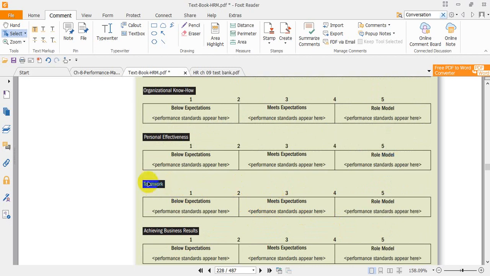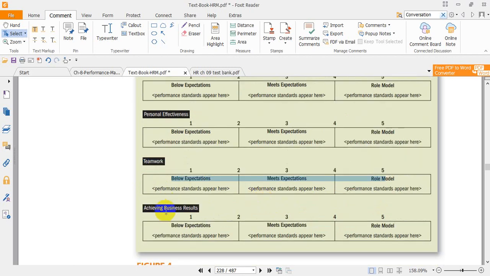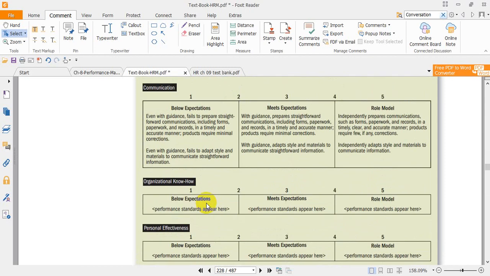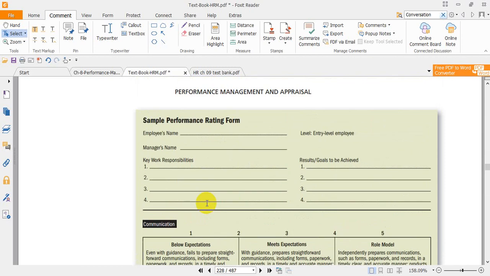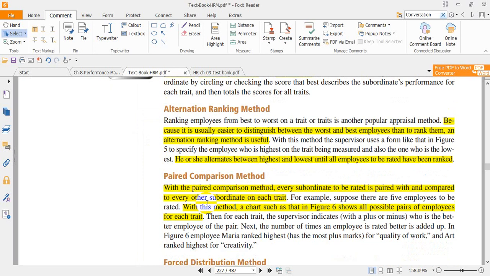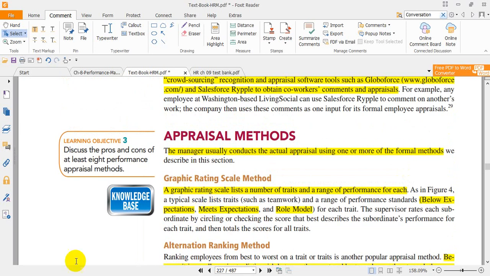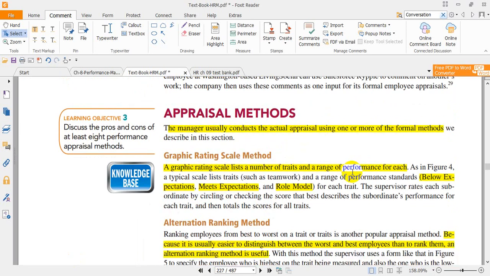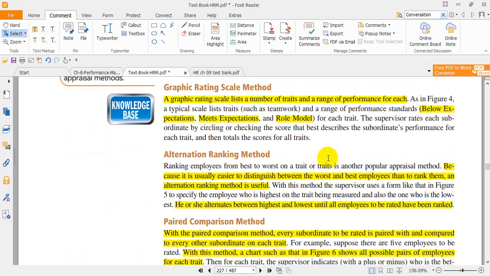Teamwork is another trait, and here is the rating scale. Achieving business results is another trait, and so on. This is an example of a rating scale that can be used in the graphic rating scale method. I think it's clear.